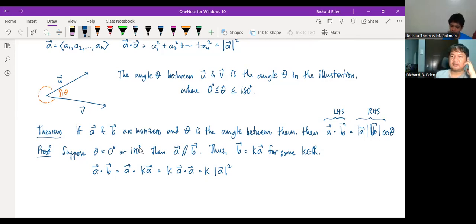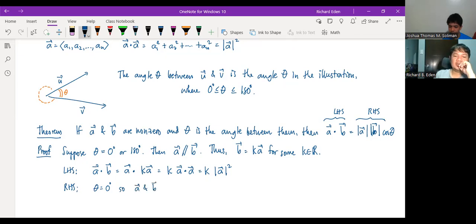All right, now let's have a look at the right-hand side. The right-hand side involves theta, so we're going to have to look at two scenarios. Let's say theta is equal to 0 degrees. So not only are A and B parallel, they are going in the same direction.